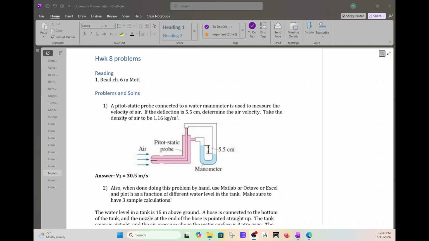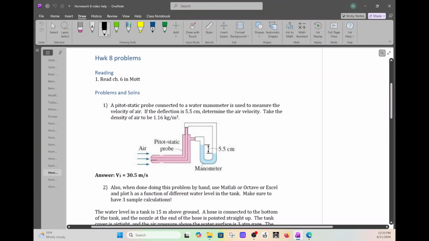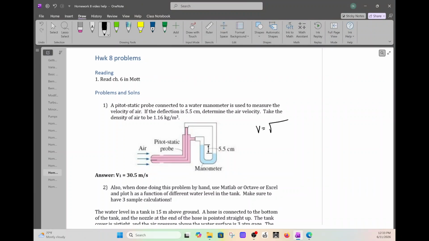So the first problem is a pitot-static probe, and it's hooked to a manometer. And you're using the pitot-static equation for velocity. So just remember that V equals the square root of 2 delta P over rho. Now, you're looking at air, so this density is of air.